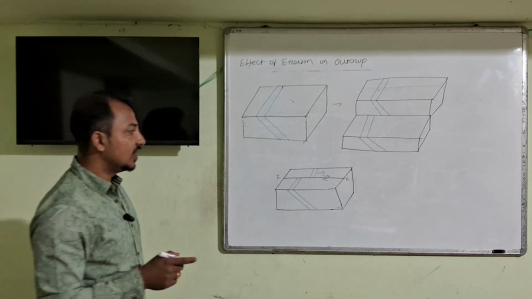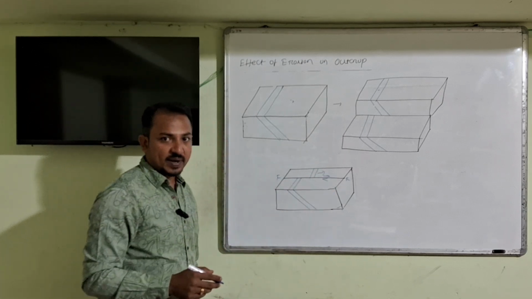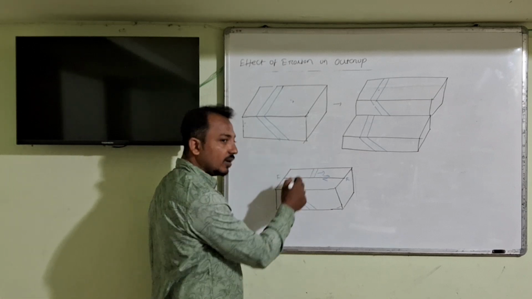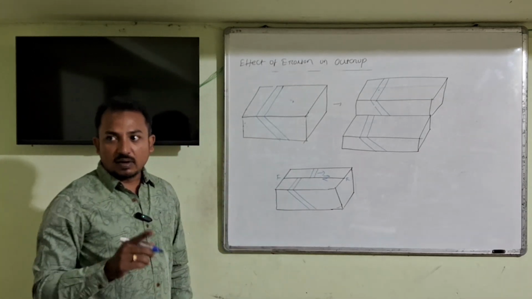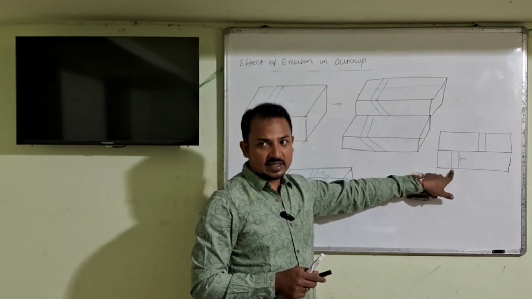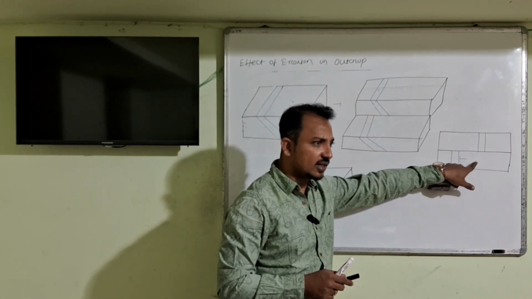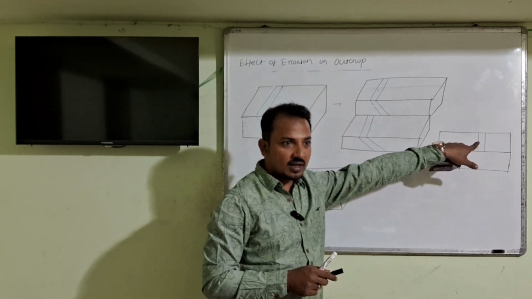So first thing you'll see, if the outcrop moved in the dipping direction of the bed, it will be a dip fault or strike slip fault. So in this case, you can say this is a strike slip fault, and here the dip of the bed is in this direction and this thing is advanced.